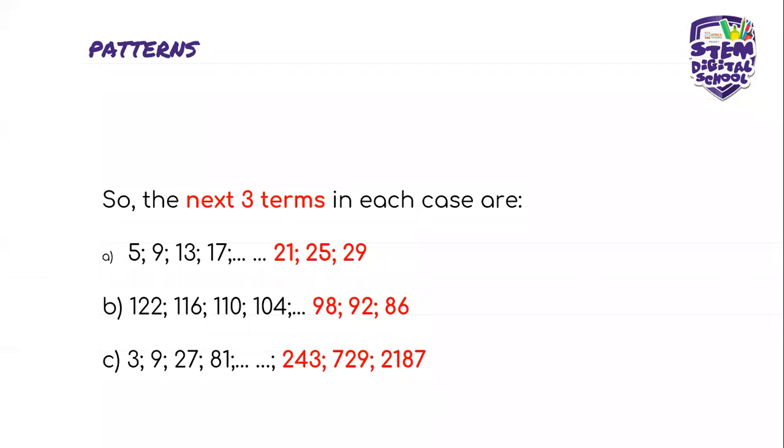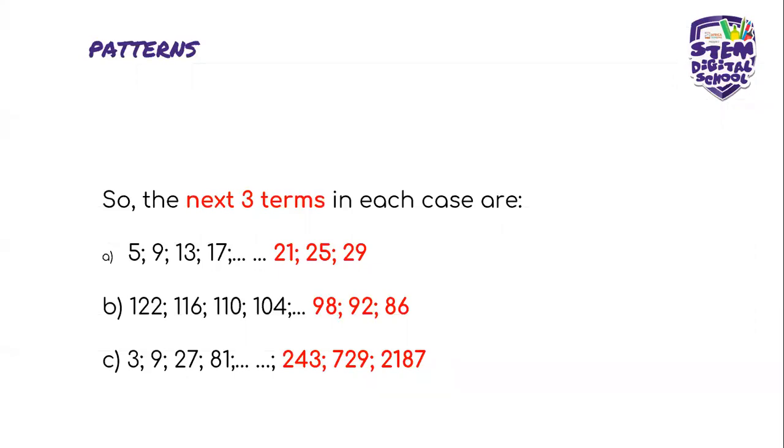You can see that 104 minus 6 is 98. 98 minus 6 is 92. And 92 minus 6 there gives you 86, right? And then the last one was 3, 9, 27, and 81.